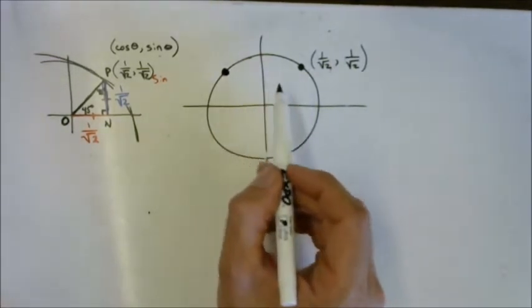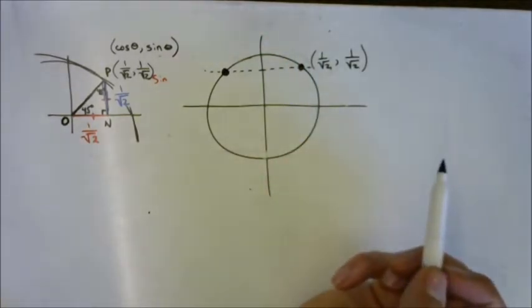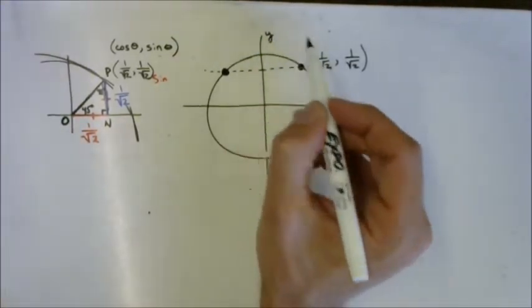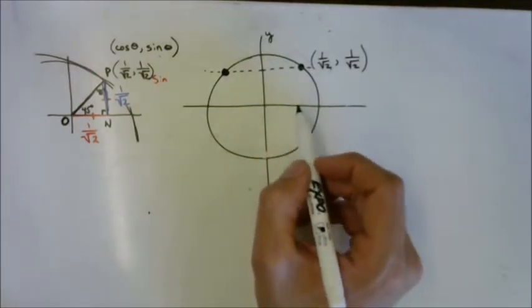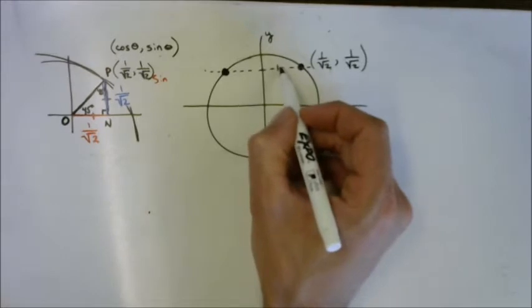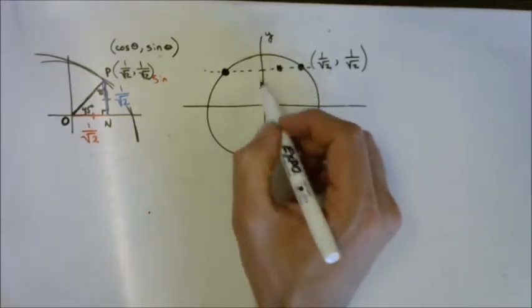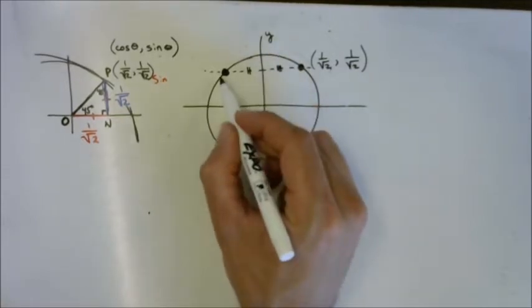What you'll notice is that it's the exact same vertical height, both positive. So the y-coordinate is pretty easy. And the x-coordinate, well, it's exactly the same distance from the y-axis to our original point, and we're going to go the same distance into the negative.